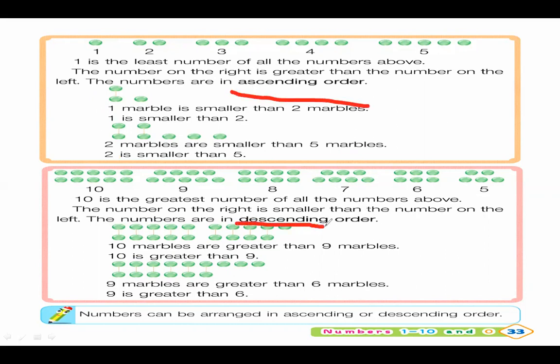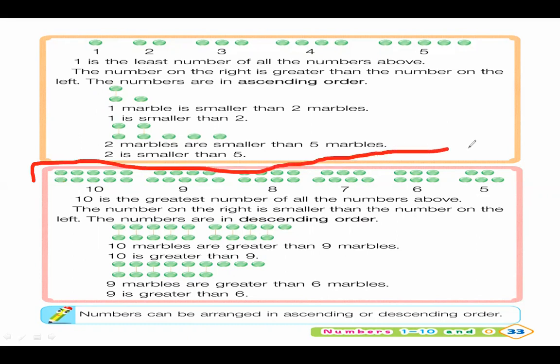And how about the descending order? 10 is the greatest number of all the numbers above. The biggest number is 10.